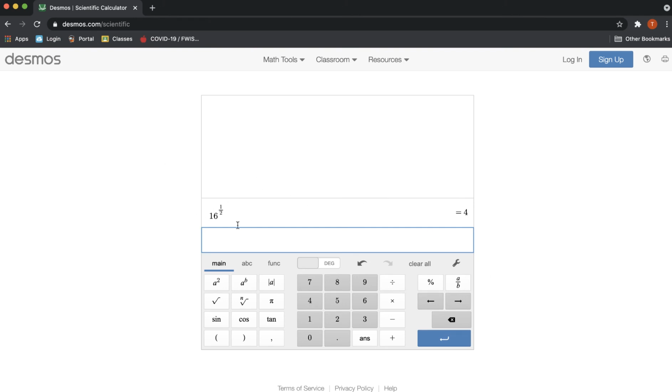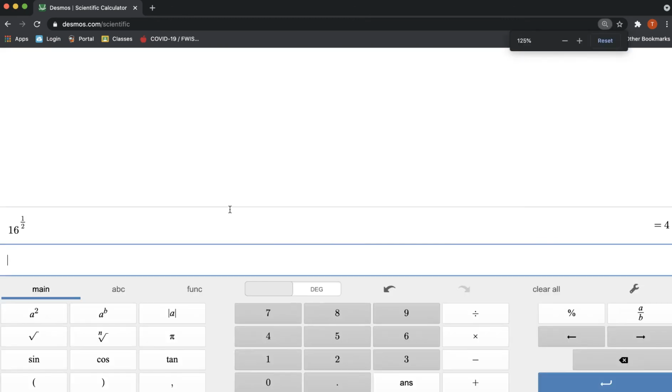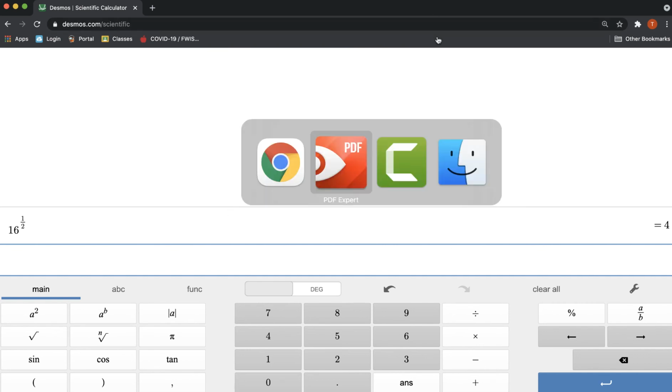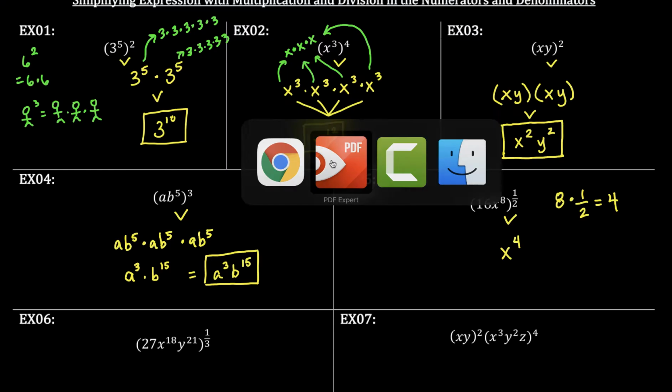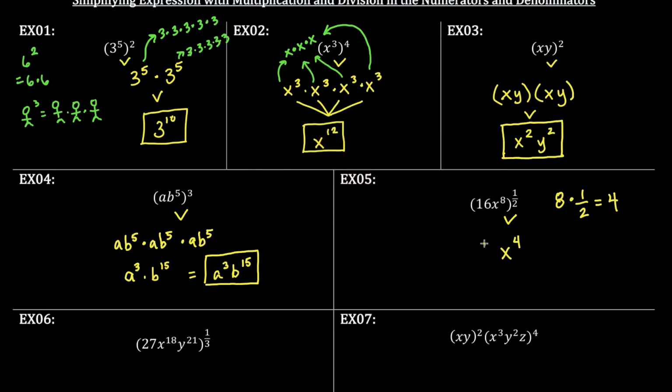This is actually the square root, just in case. Square root of 16 is 4, but you may as well just use this. It's just going to be easier. Just trust me. Maybe I should zoom in. That seems nice, right? Okay, so 16 to the half is 4. So this will get 4.